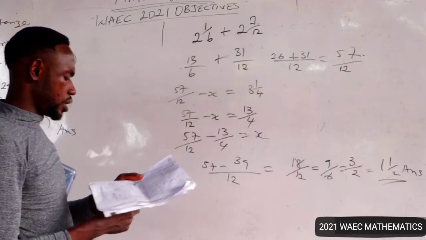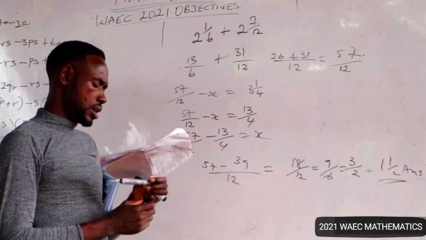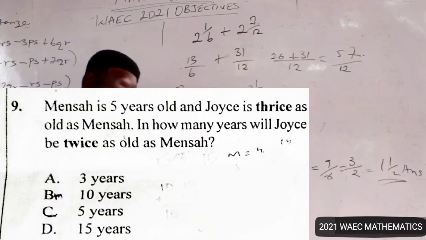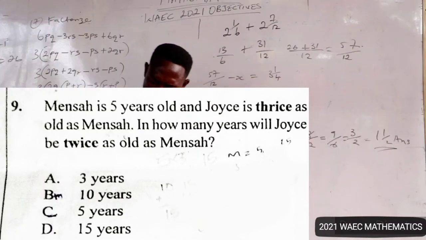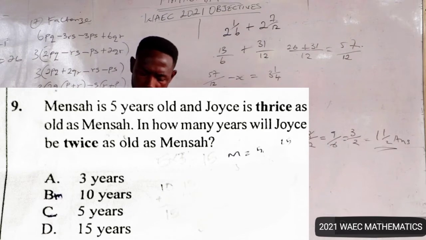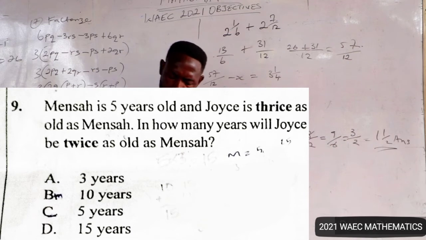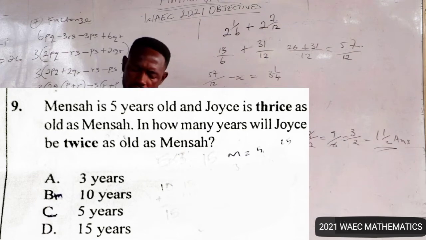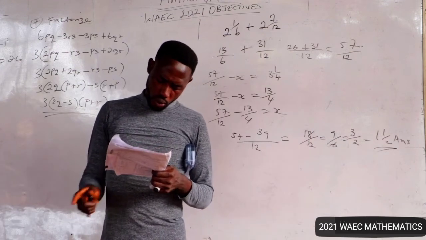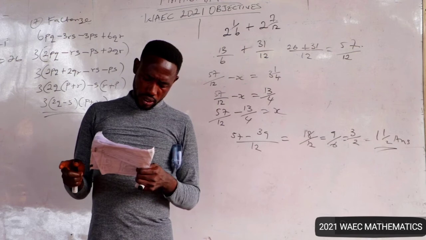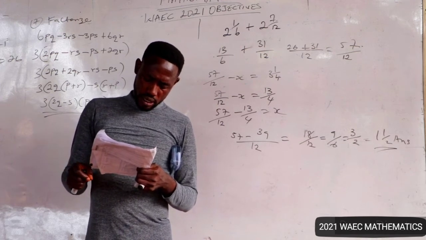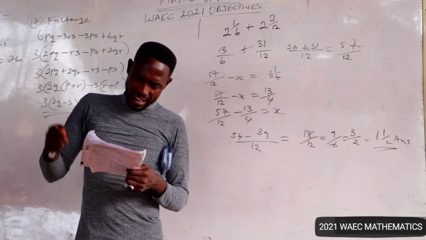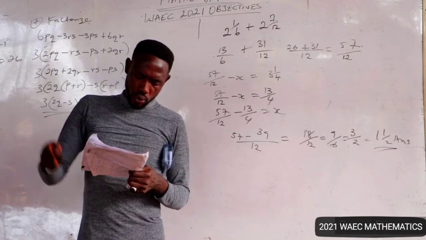So the next question, question number 9, as you can see down on the screen, says, Mensa is 5 years old and Joycey is thrice as old as Mensa. In how many years will Joycey be twice as old as Mensa? Mensa is 5 years old, and Joyce is thrice as old as Mensa.